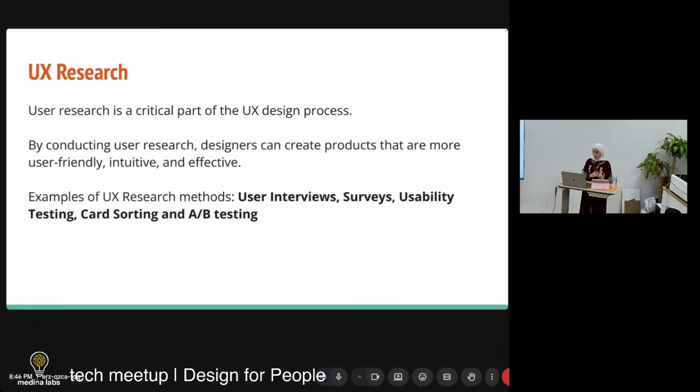And surveys are questionnaires you send to a large group of people, hundreds or thousands, because you need to get quantitative feedback.